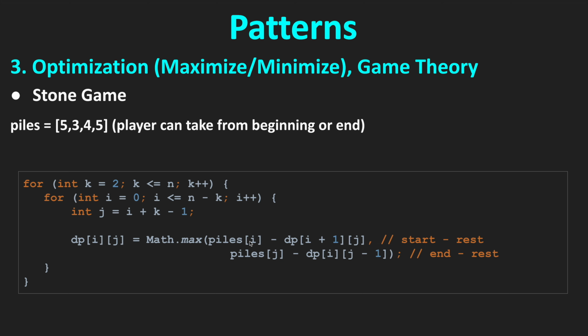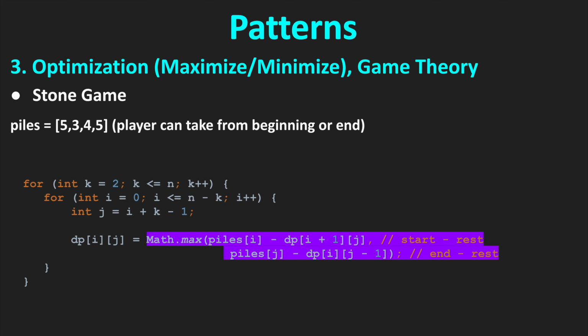So we are checking what we have just seen earlier: we are either taking that pile from the beginning, or from the end, minus whatever the subproblem we have already solved, and we are taking the maximum of it. At the end, if the value for i and j is positive, then Alice wins. Otherwise, we are returning false.